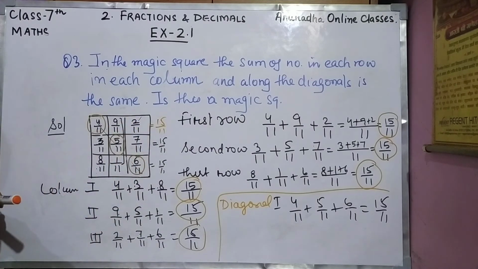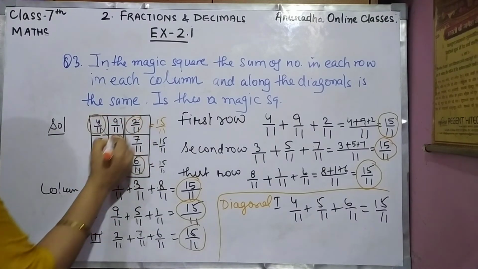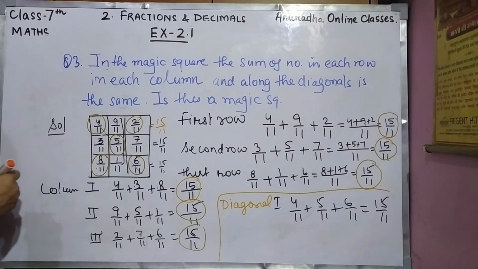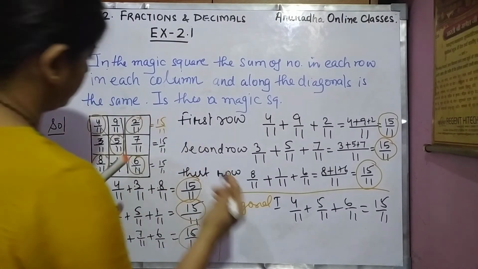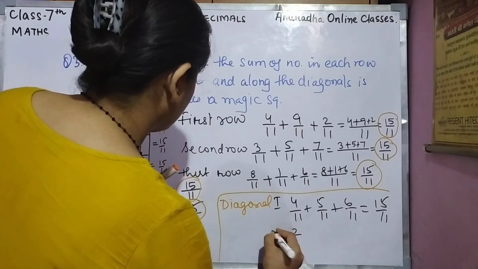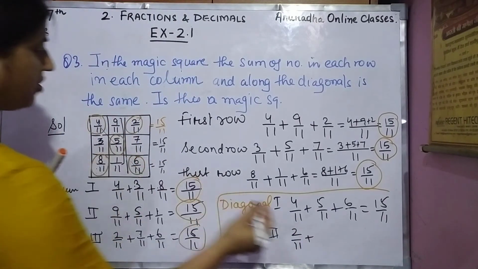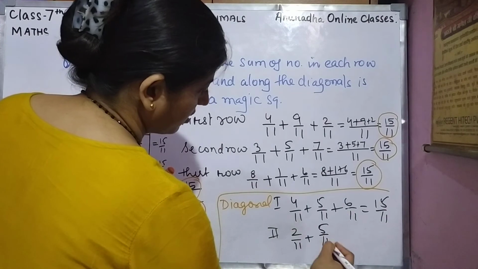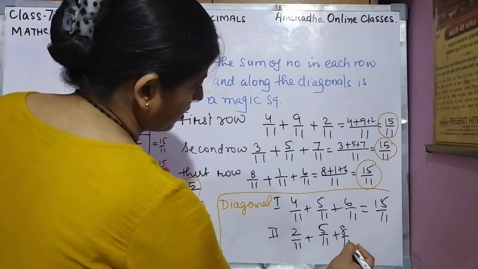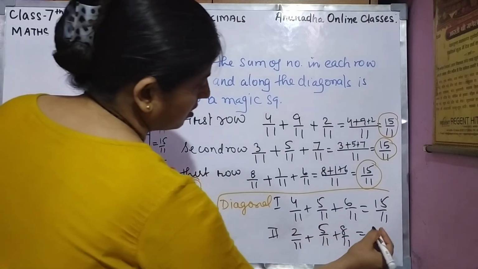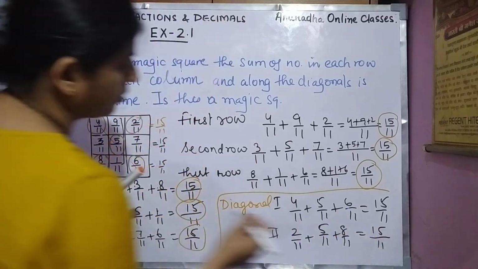Now you have to take this one, 1, 2 and 3. Let us write this also. This is the second one: 2 upon 11, then 5 upon 11 plus 8 upon 11. 8, 9, 10 and 15. So what will we get? 15 upon 11.